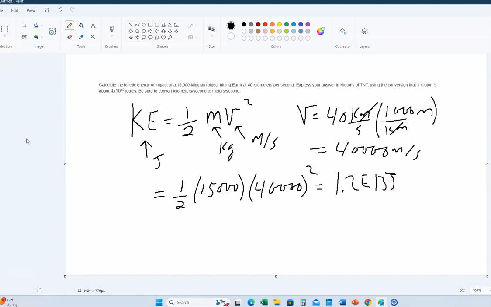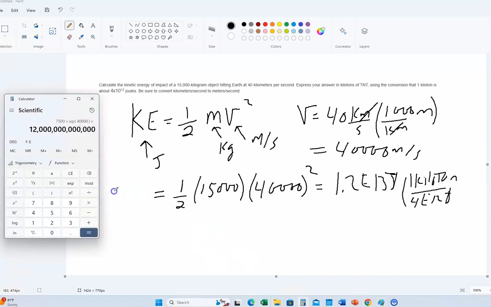That's J, joules. But of course, 1 kiloton is roughly 4 times 10 to the 12th joules. So the joules will cancel, and you just take this number, which is in my calculator already, and divide it by 4 times 10 to the 12th.